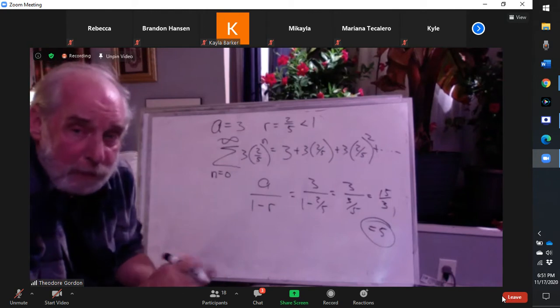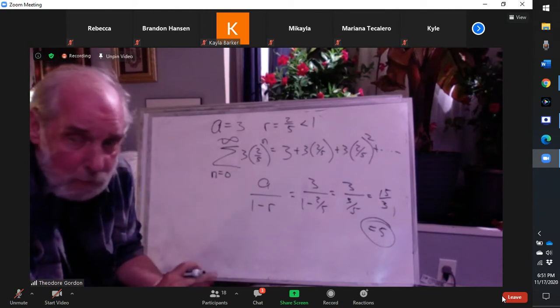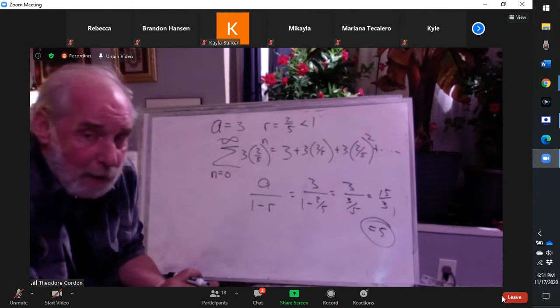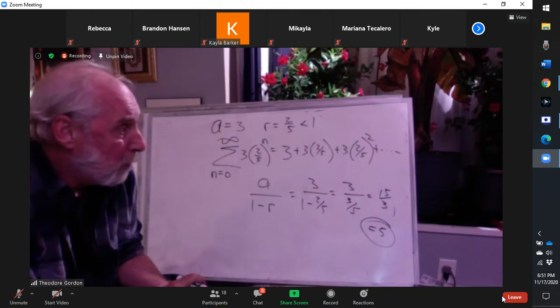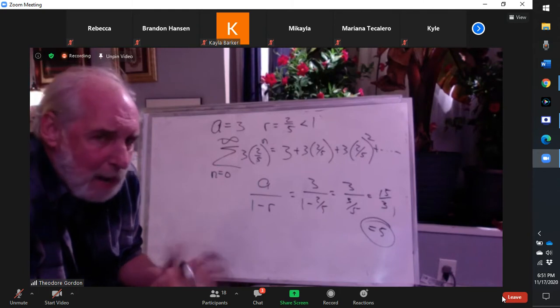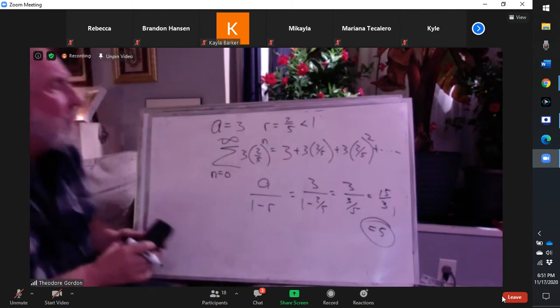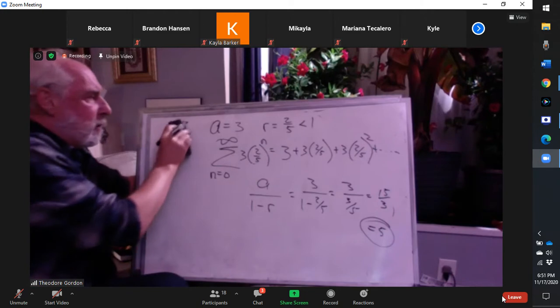So these come up a bunch, so it's nice that it's so easy. But not every infinite series is geometric. Mostly the series we have may not have a discernible pattern to it. So we're going to look at a general infinite series.